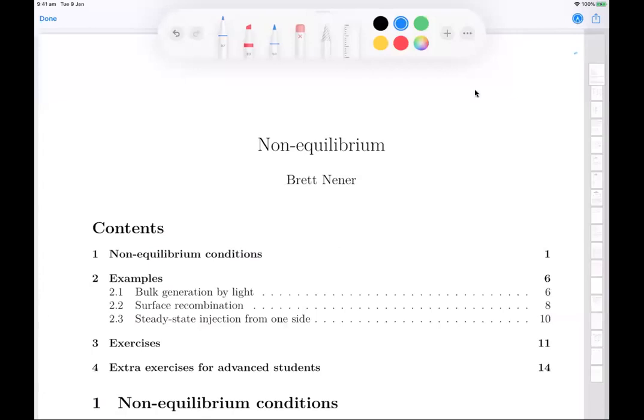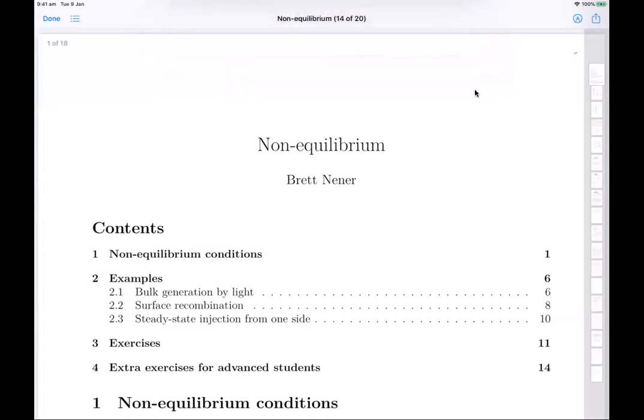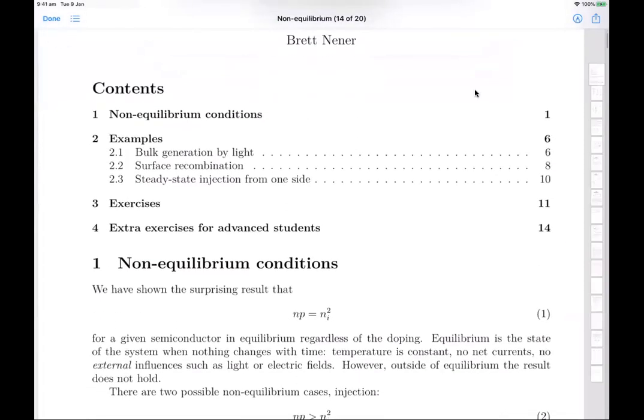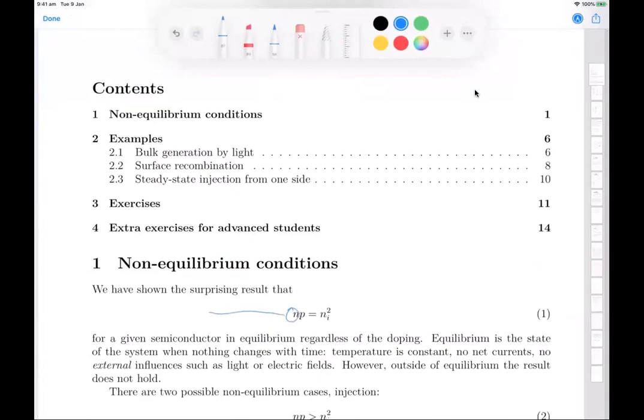We're now going to look at the situation where a semiconductor is in what is called a non-equilibrium situation. We found that in equilibrium, the product of the free electron density, N, and the free hole density, P, is equal to a constant.